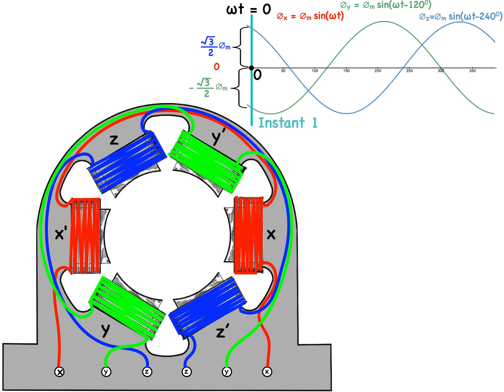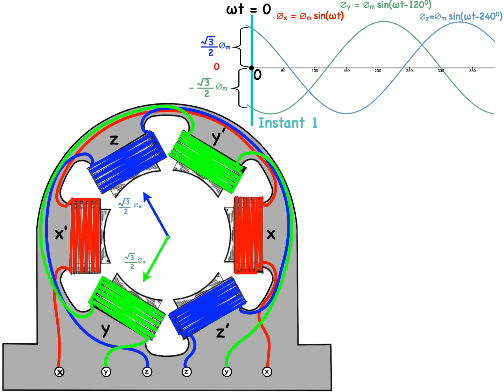Now remember, these coils are mechanically separated by 120 degrees. So the blue, or the Z phase, is going to be pointed in this direction, and we calculated the magnitude to be root 3 all over 2 phi m.